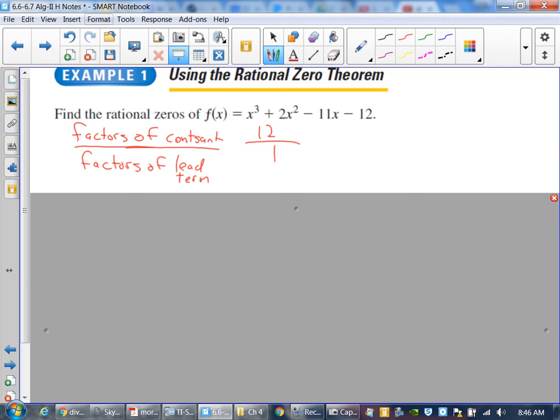And how I fish for zeros is I list all the possibles of 12. Well, what are your factors of 12? 1, 3, 4, 6. Is it really in the right order? And it's all divided by 1. So what'll happen here is sometimes when we have leading term coefficients that aren't 1, we could get fractional ones.